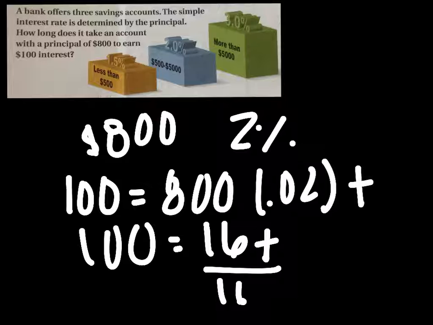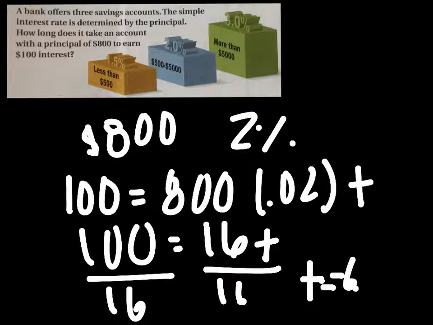Divide by 16, divide by 16, t equals 6.25. So the account earns $100 in interest in about 6 years and 4 months, basically. Kind of 6.25 years. So that's the answer.